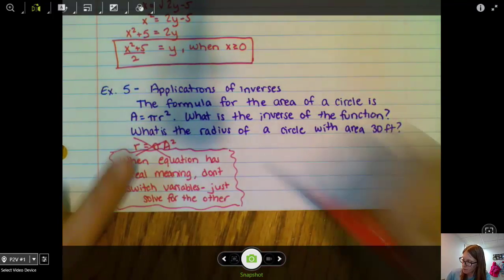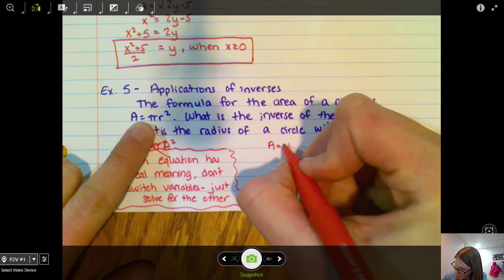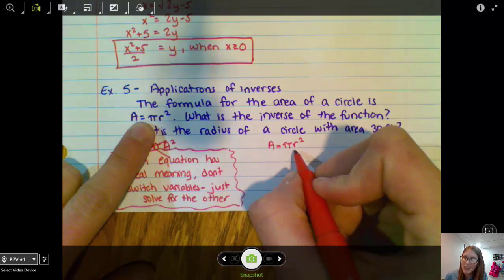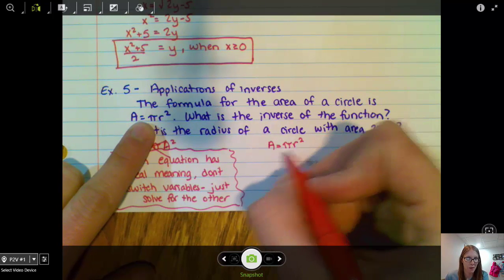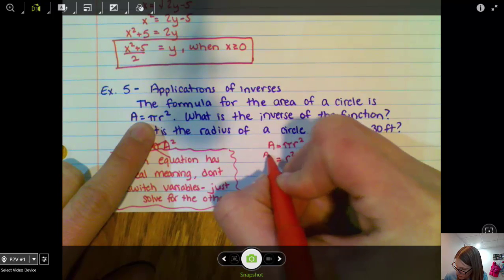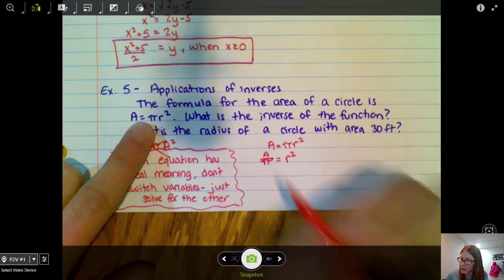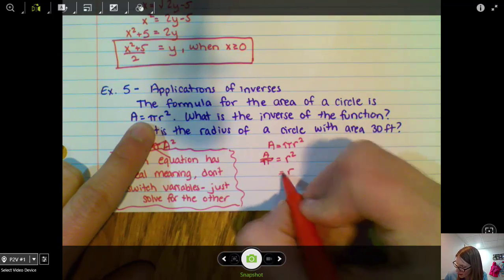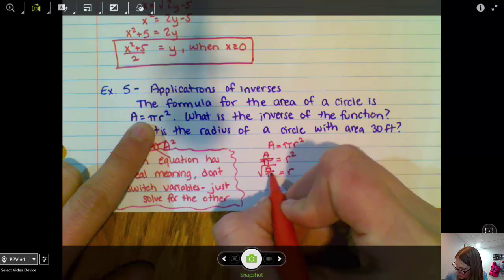Okay. So A equals pi r squared. I'm going to rewrite that over here. To get this r by itself, the first thing I really need to do is divide by pi. And then square root both sides. So r is the square root of A over pi.